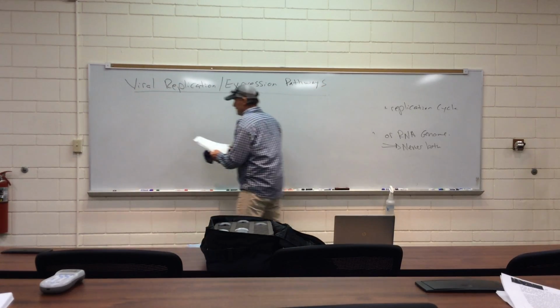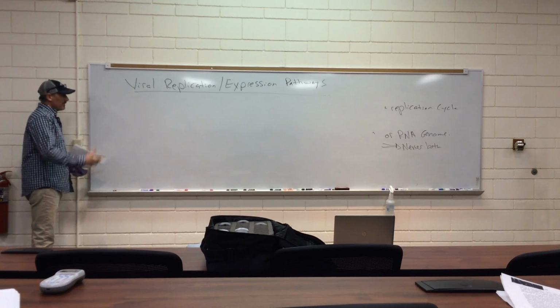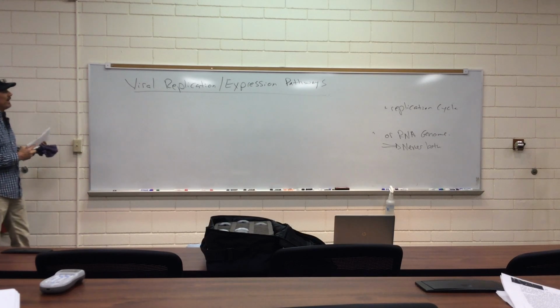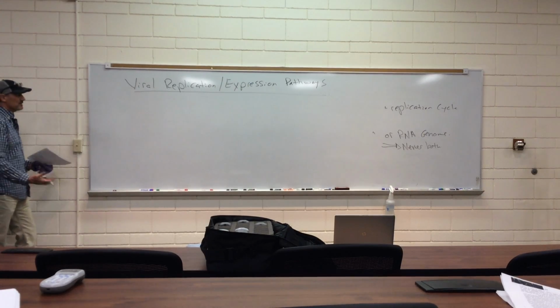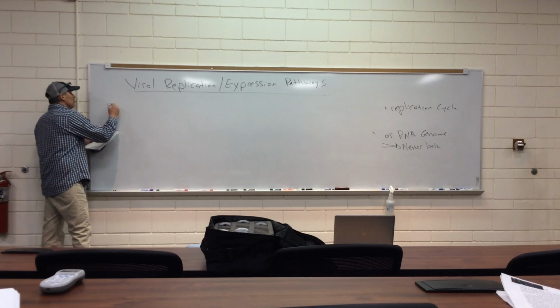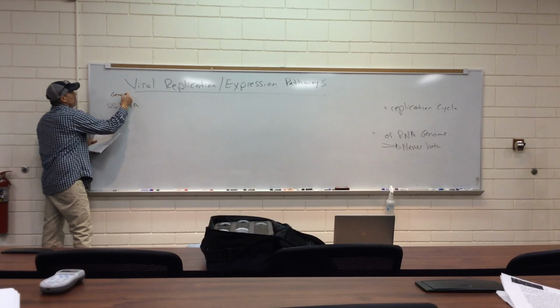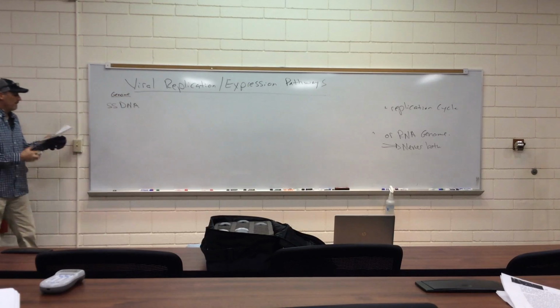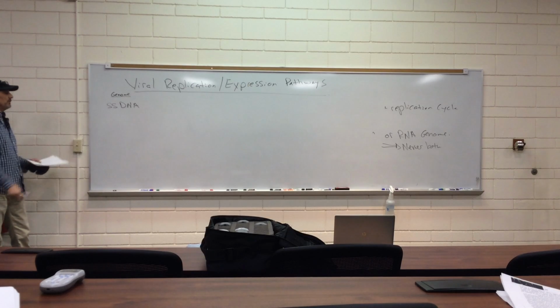And so we'll write this out based upon the type of nucleic acid and then the type of process that we have as far as its system. Remember, the host is doing this; the virus isn't doing this. So if you have a single-stranded DNA, and we'll put this as genome in this column, that means it has just one strand of DNA. It doesn't have a double strand that goes into a helix.